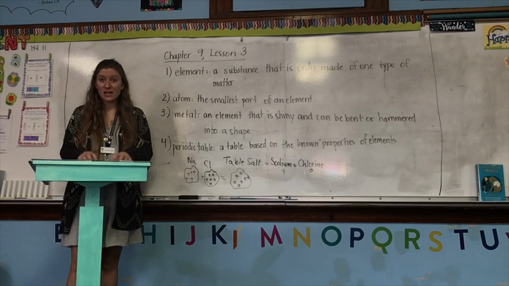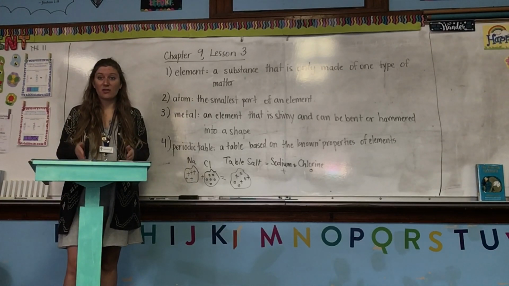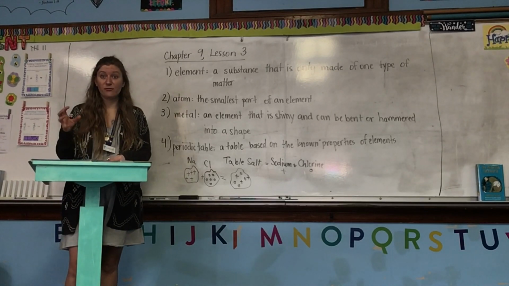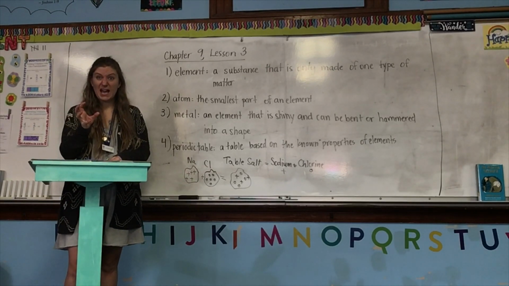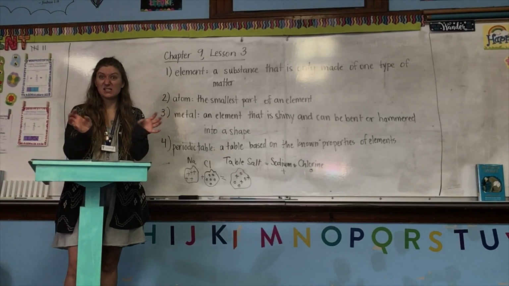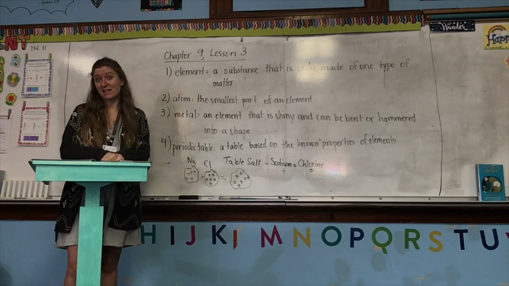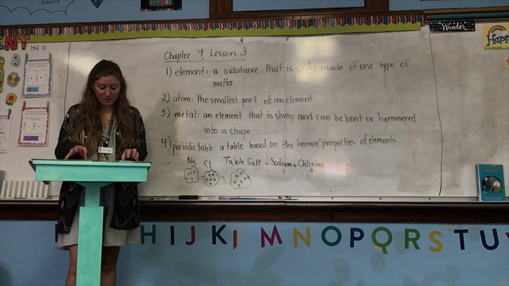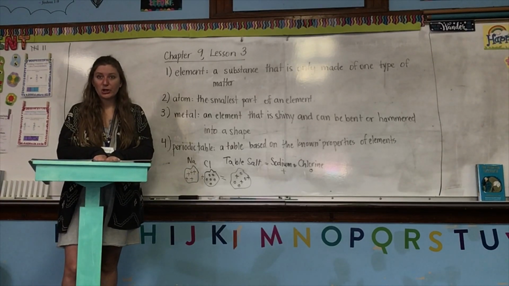They need to know that classification and they need to make predictions, because if they try to mix an element that is very reactive with another element that is very reactive, bad things could potentially happen.